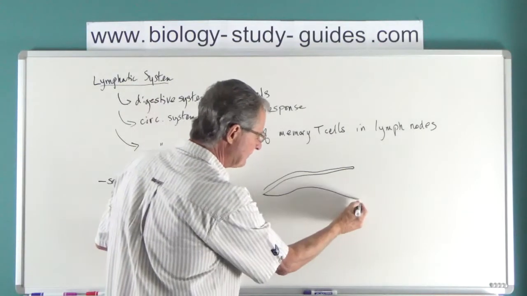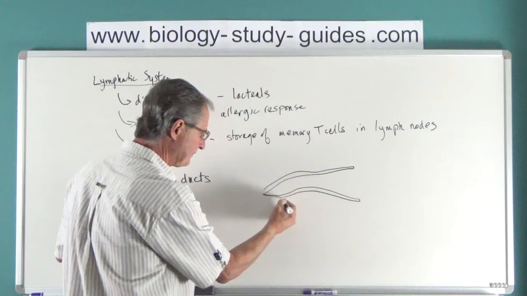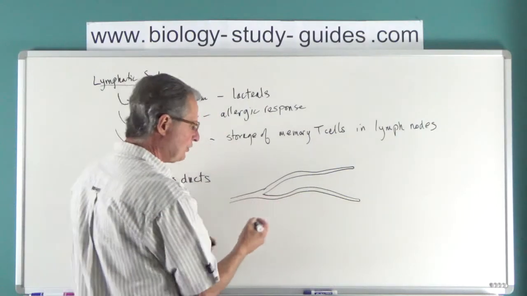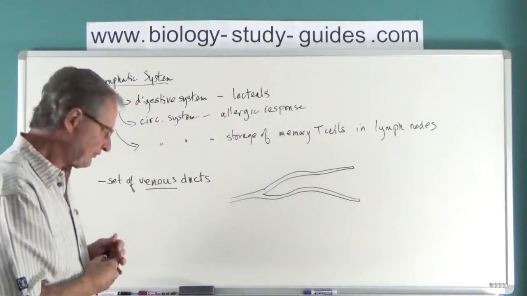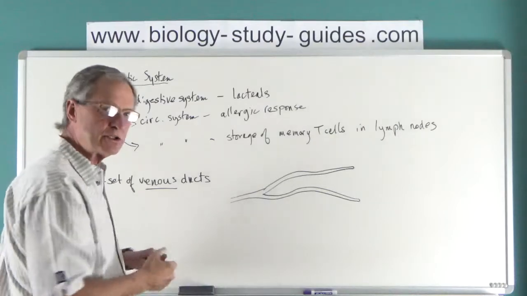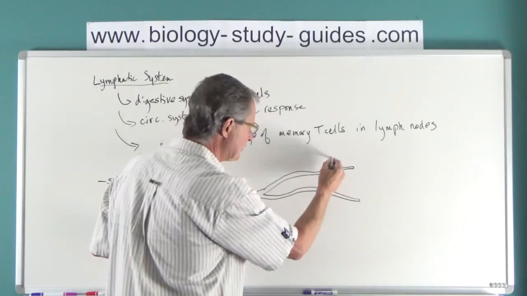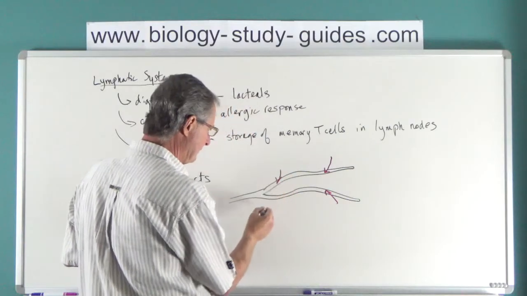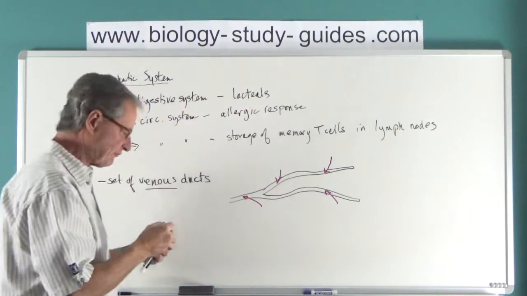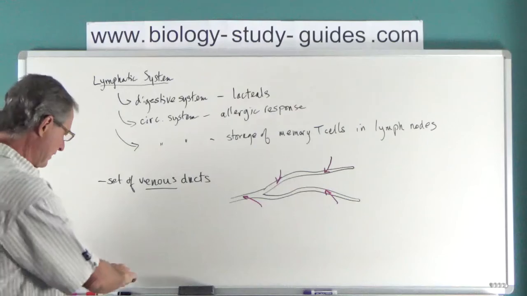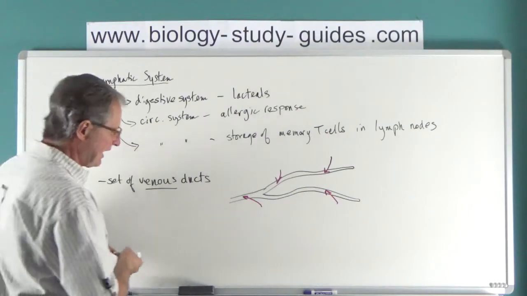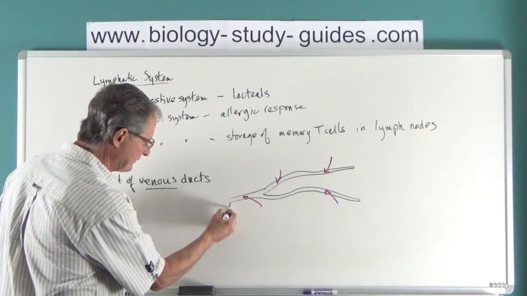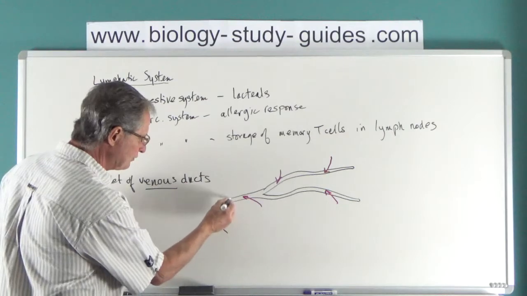And their role is to absorb excess fluid. There's fluid in all our tissues, and these things will absorb the fluid. We've said it before, we can't afford to lose a lot of fluid all the time, so these things absorb the fluid, and they take it through lymph nodes.